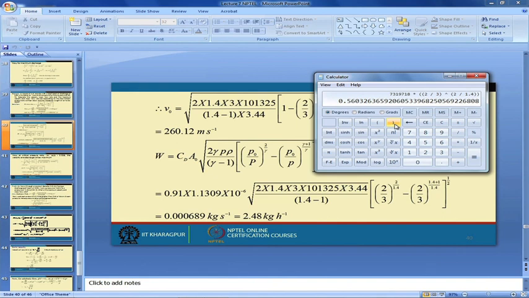So, this minus, we have made that mistake, minus 2 divided by 3 to the power 1.4 plus 1, 2.4 by 1.4, that is 14, right, this is equal to so much.